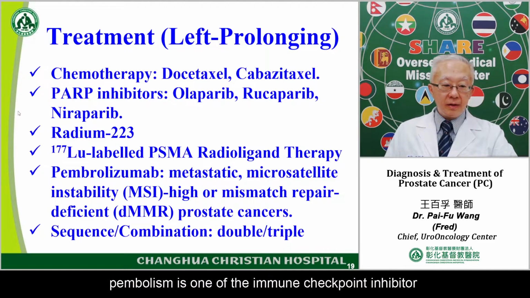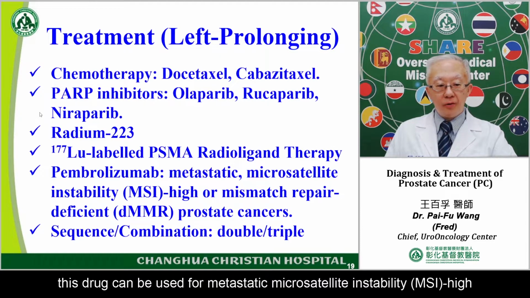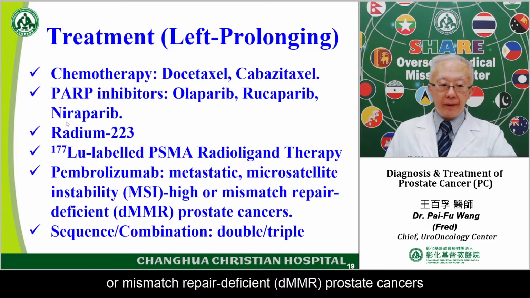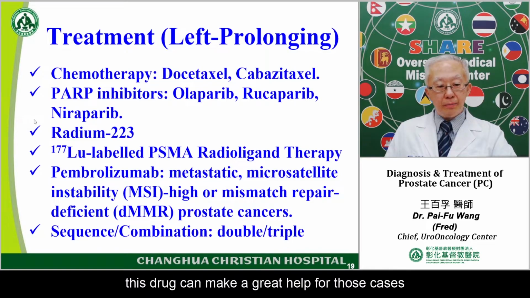Pembrolizumab is one of the immune checkpoint inhibitors. This drug can be used for metastatic microsatellite instability high, so-called MSI-H, or mismatch repair deficiency, dMMR, prostate cancer. Because of the genetic characteristic, this drug can be a great help for those cases.